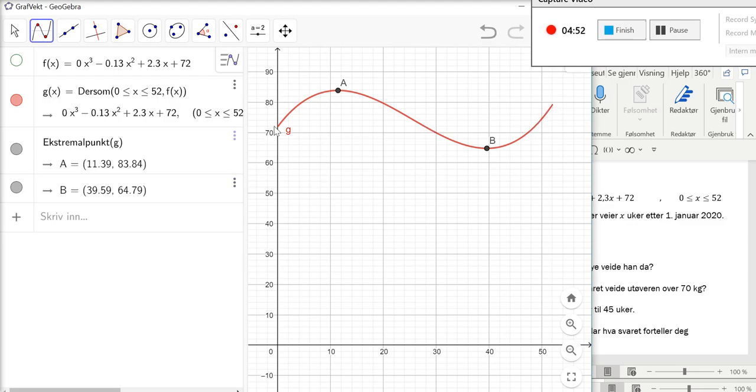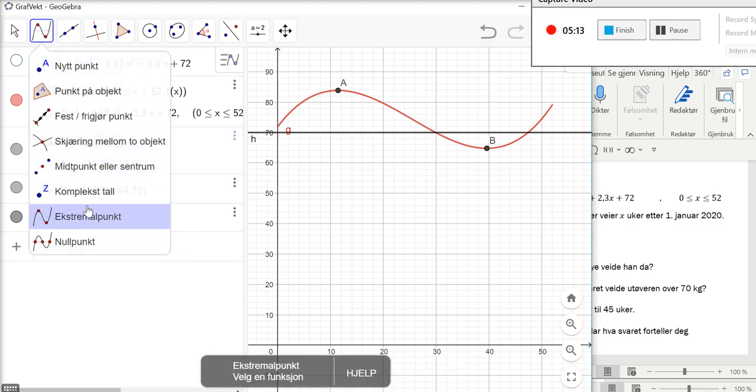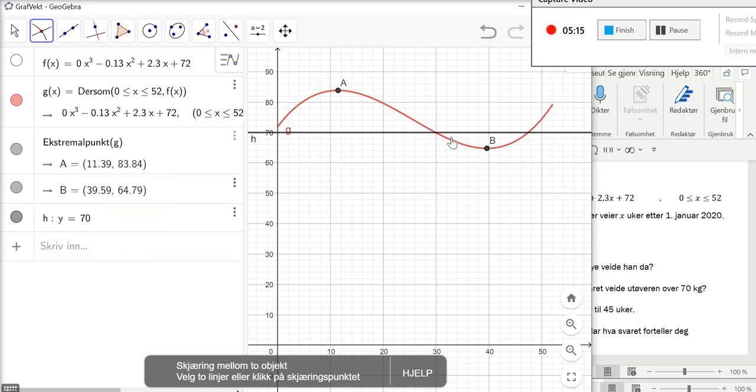again, right? So 70 is the number here, and I would like to draw a line here through 70 on the y-axis. So just write y equals to 70. Press enter. And here we see he's above 70 and he's below and then he's above again. So we need the intersection point here. Press this again, intersection between two objects.